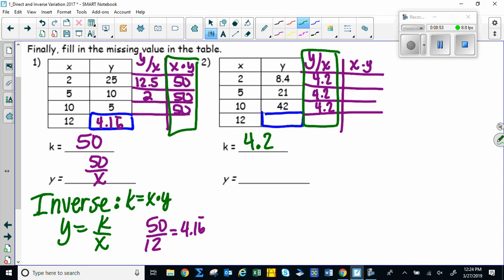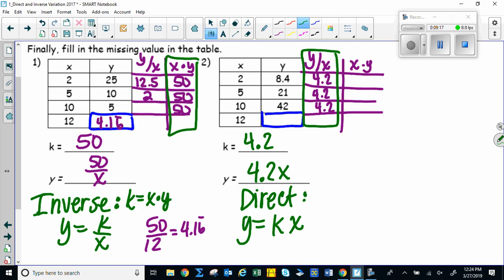Because my constant of variation was found when I took my y's and I divided it by x, what type of variation is this? This is direct variation. So when you write the equation for direct variation, you are going to just put the k in front of the x. So my equation would be 4.2 times x.